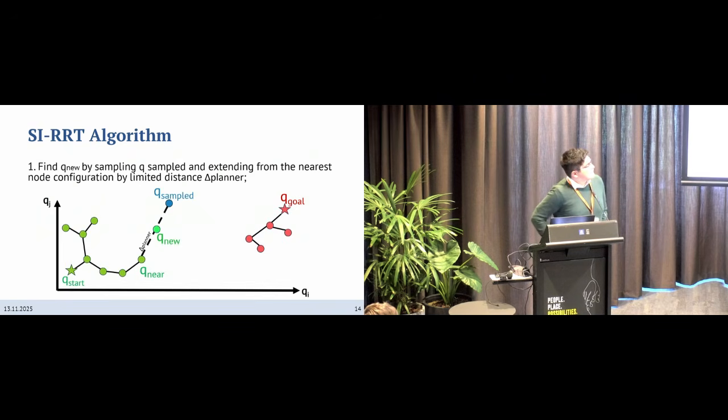So let's now define our algorithm. First, like in RRT-Connect, we sample the configuration space and find a new configuration by extending from the nearest neighbor by some limited distance.